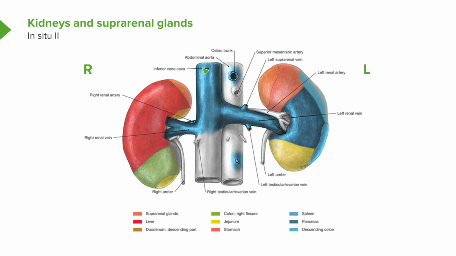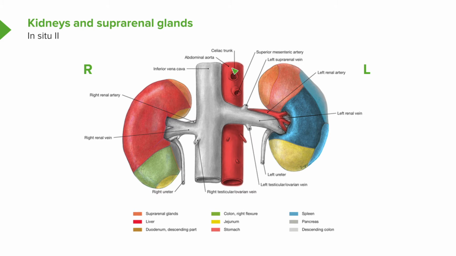We can see draining into the left renal vein here, we've got the left gonadal vein, testicular or ovarian, and that's draining into the left renal vein. These are shielding the arteries that lie behind them. Because the left renal vein runs anterior to the aorta, it's longer and it courses across. Here we can see the aorta.